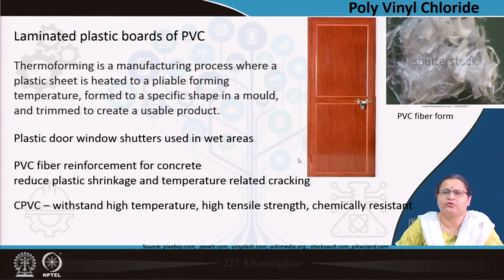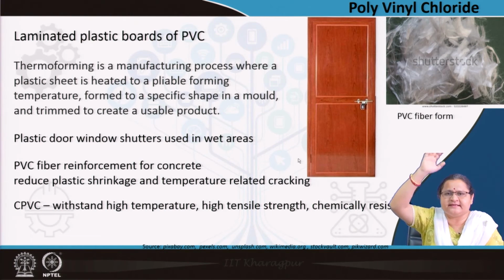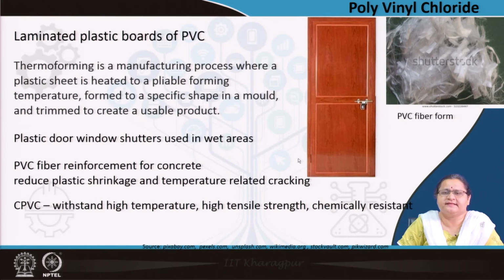That means hot water lines, say in hotels, in hospitals, when there is a central heating system from the roof or some intermediate position, and the water is being carried to different rooms. We prefer a CPVC pipeline. It is chemically resistant and it can carry chemicals also.